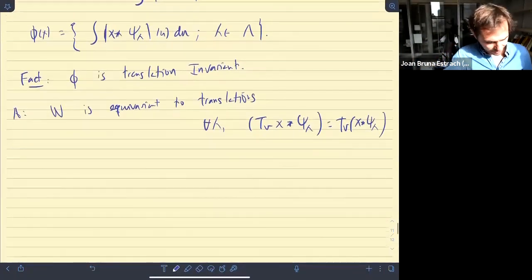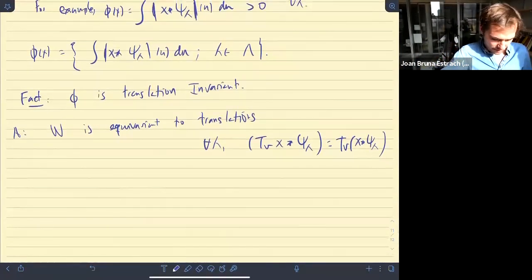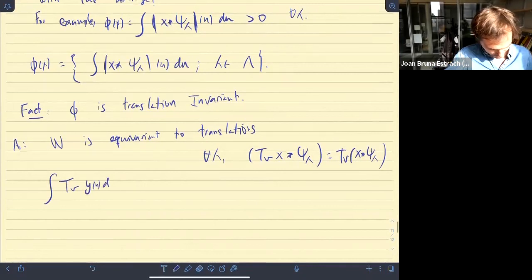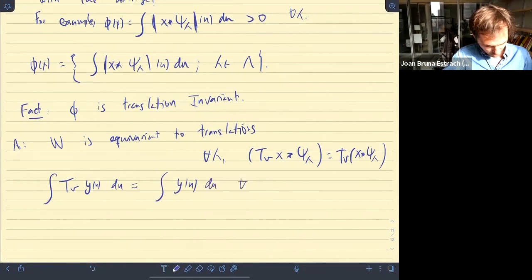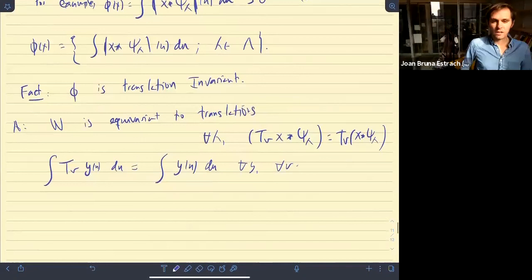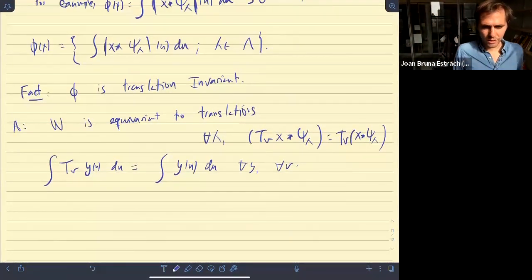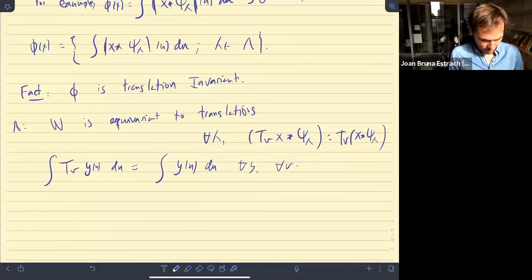And so once I have this property, and I know that the integral of dv of y, u is equal to the integral of u for y and for all. So I have obviously the translation invariance, automatically derived from the equivariance.